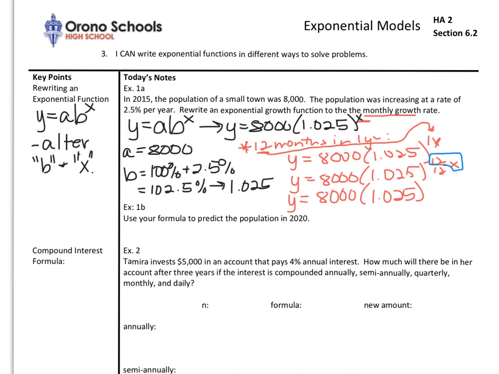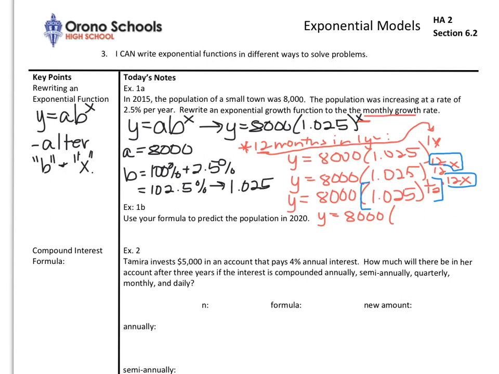The 12 in the denominator would be like 1/12 times 12x. There's my 12x for the number of months in a year. But now I want to evaluate that 1/12, and we can do that by raising 1.025 to the 1/12 power. And that would give us y equals 8,000.